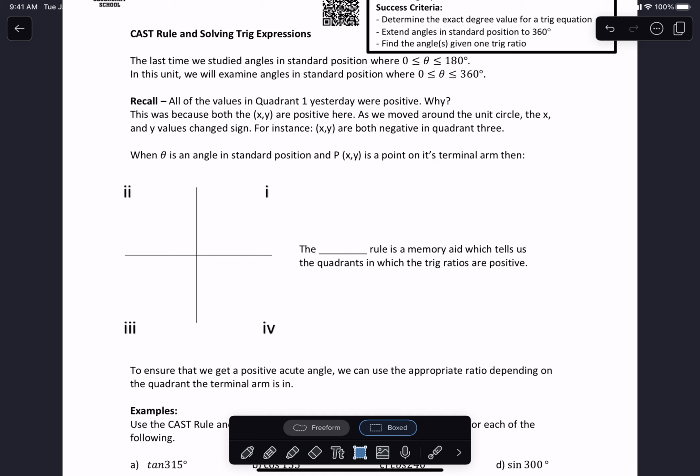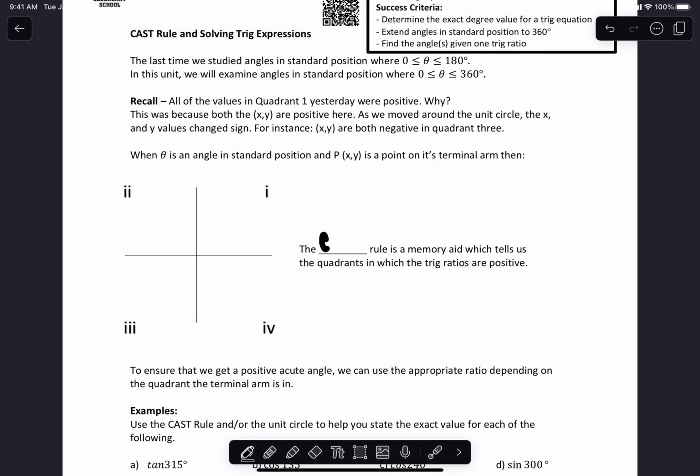So certain trig ratios are positive in certain quadrants, and the other two are going to be negative in certain quadrants. That's purely based on the sign of the x and y components of the point, or of the terminal arm. The components of the terminal arm, I suppose, is a good way to express that.